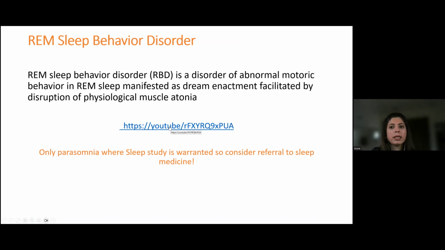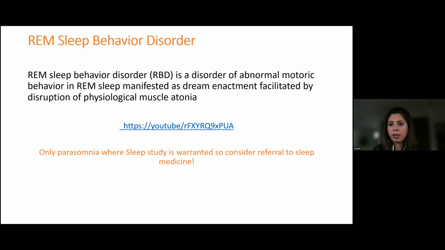Now, the other one, for the last couple of minutes, what I wanted to spend time on was REM sleep behavior disorder. REM sleep behavior disorder is a disorder of abnormal motor behavior in REM, which is manifested as dream enactment behavior. This behavior is going to be relatively rare, but the key thing for you to remember is if the patients have vivid dreams and they start acting them out, that is abnormal.